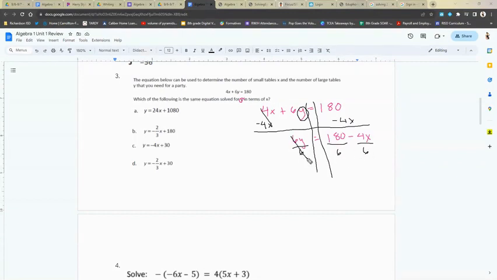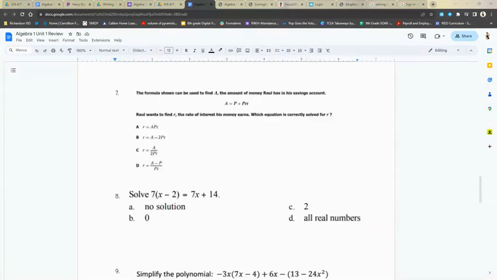So that crosses out, and we have y equals 30 minus, and then we have to simplify, which will turn into negative 2/3 x. Now, they rearrange this equation as an answer choice. So you're going to have to identify which one of those answer choices best matches this one.